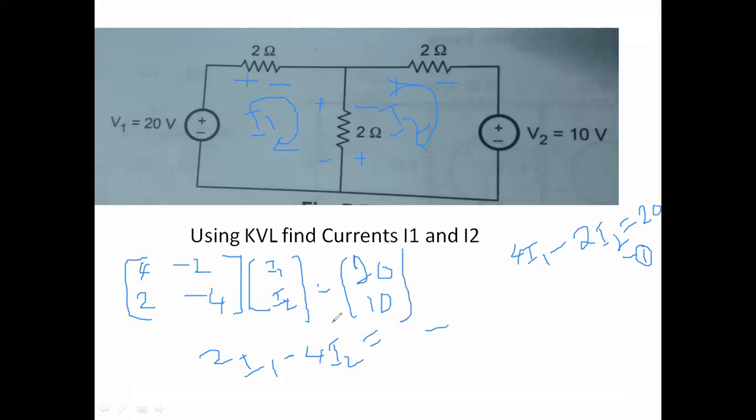With these two equations we get this matrix form. From this matrix form we can find out each current, I1 and I2.